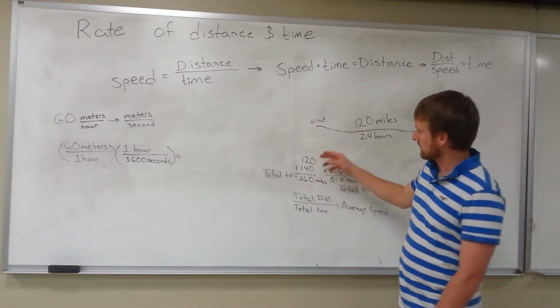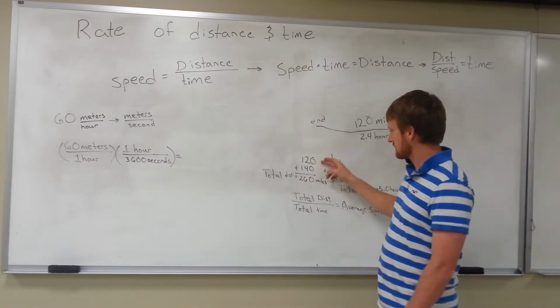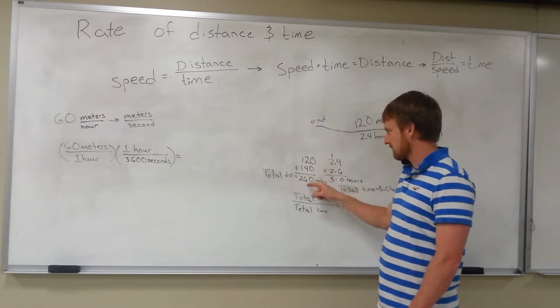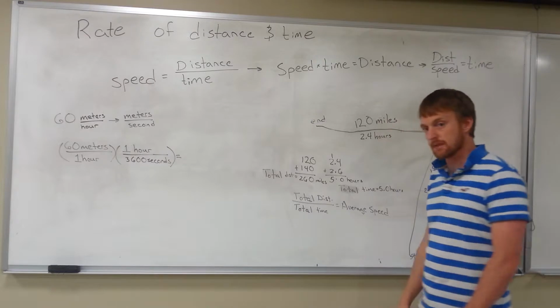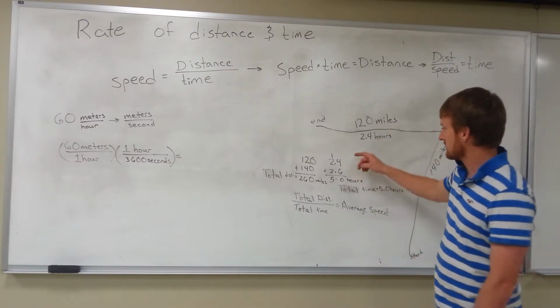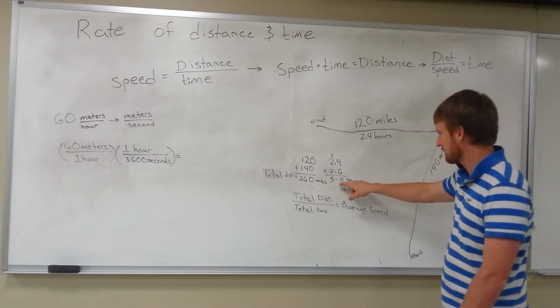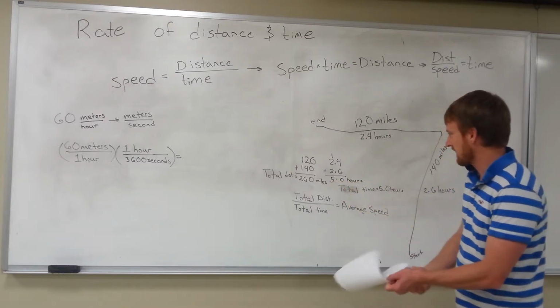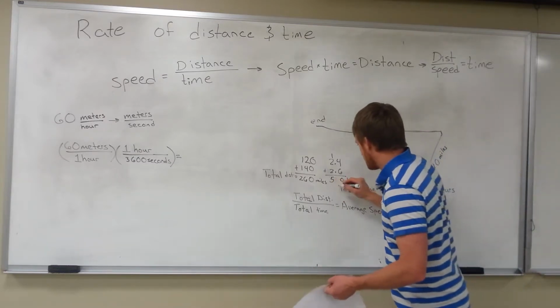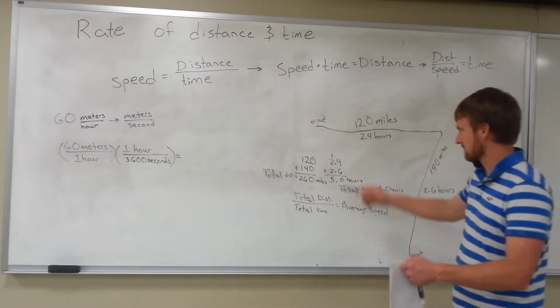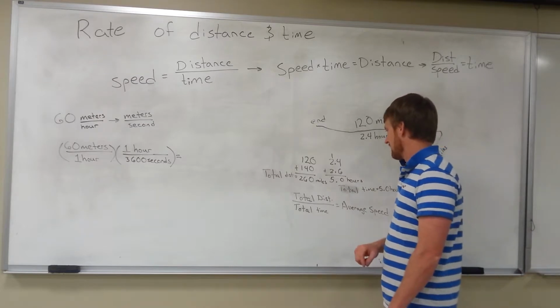So basically what we do is we add the two legs of the distances together. We get 120 plus 140 is 260 miles. Add the two time periods together to get the total time that you were driving, and that is 5.0, because it is 2.6 plus 2.4.